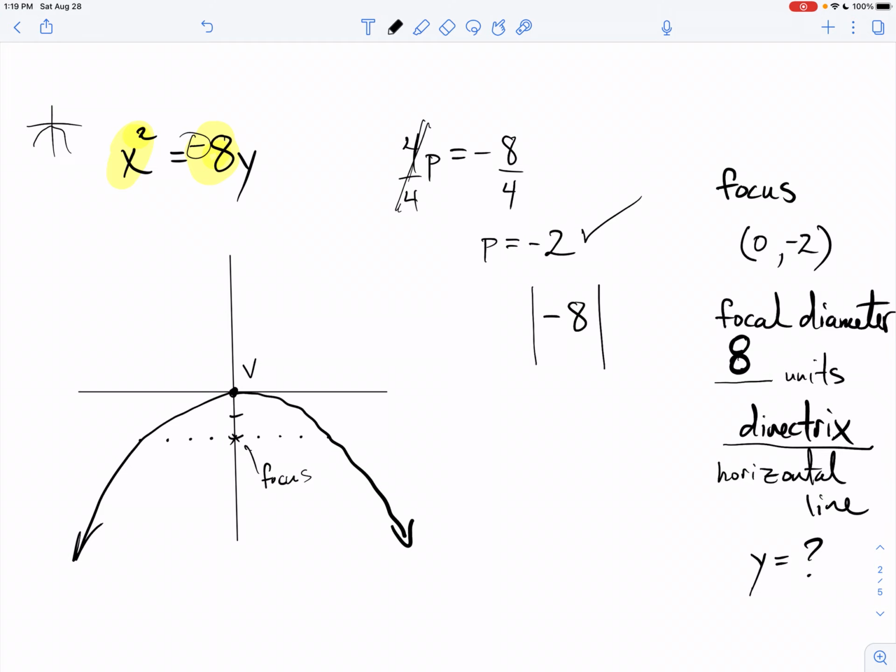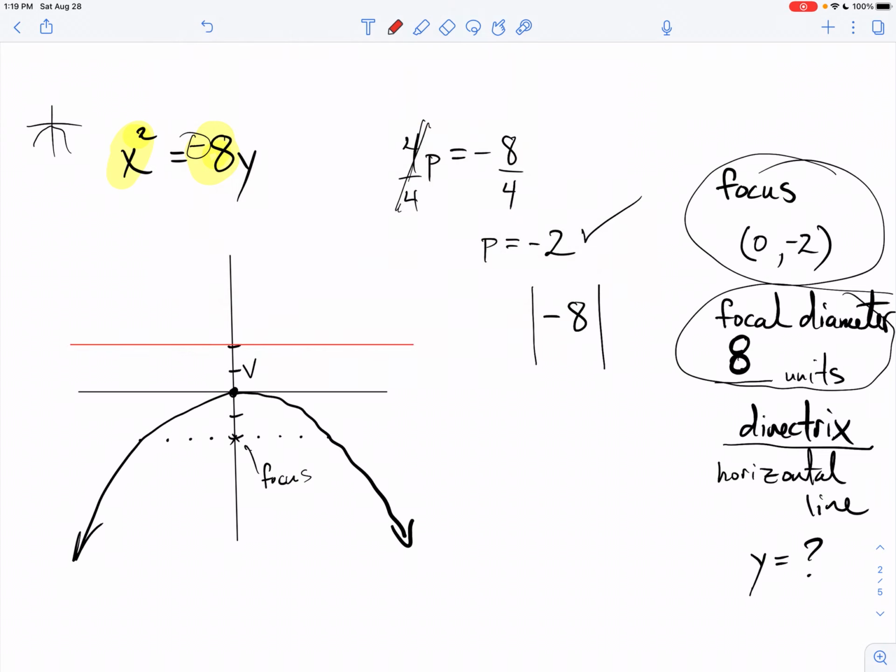It has a focus at 0, negative 2. It has a focal diameter of 8 units. The directrix will be the opposite of the focus. This is always true. The directrix would be opposite of the focus. I'm going to use a different color. Go back to red for my directrix. And there he is.